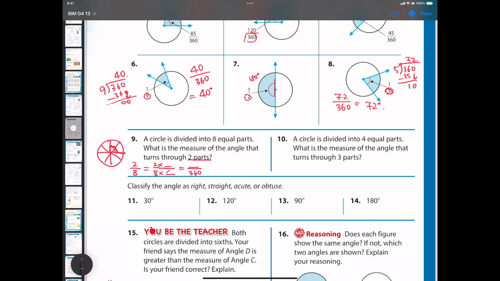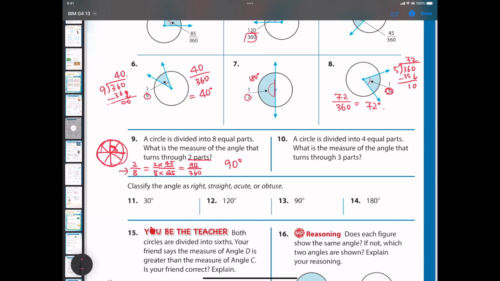8 times what? 45 is going to make what? 360, right? Anything you do to the denominator, you do to the numerator. So 2 times 45, which is 90. So 90 degrees. Okay, that's the mathematical way. But also you can model it.